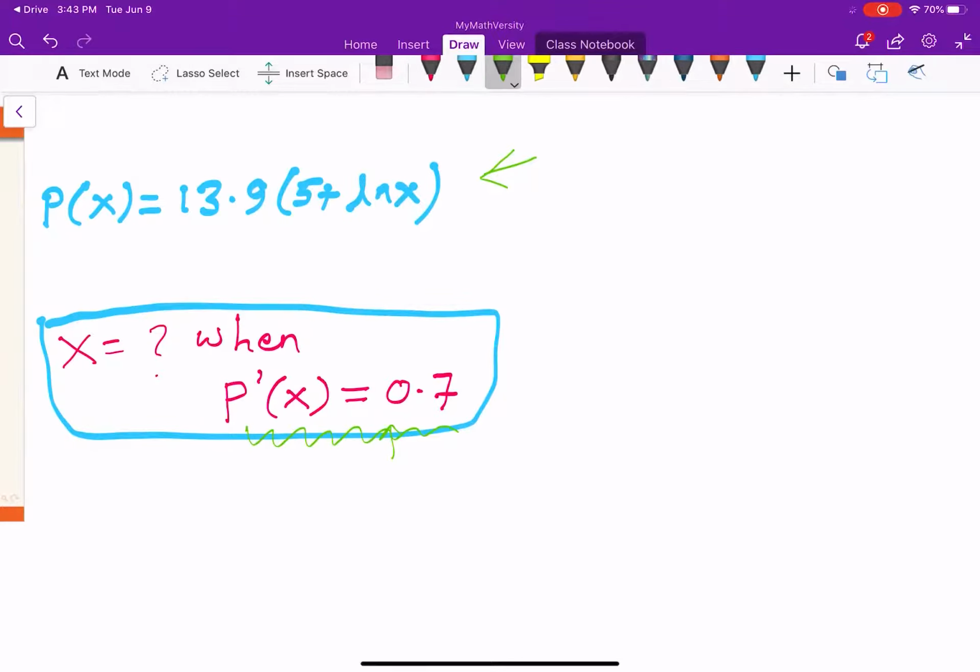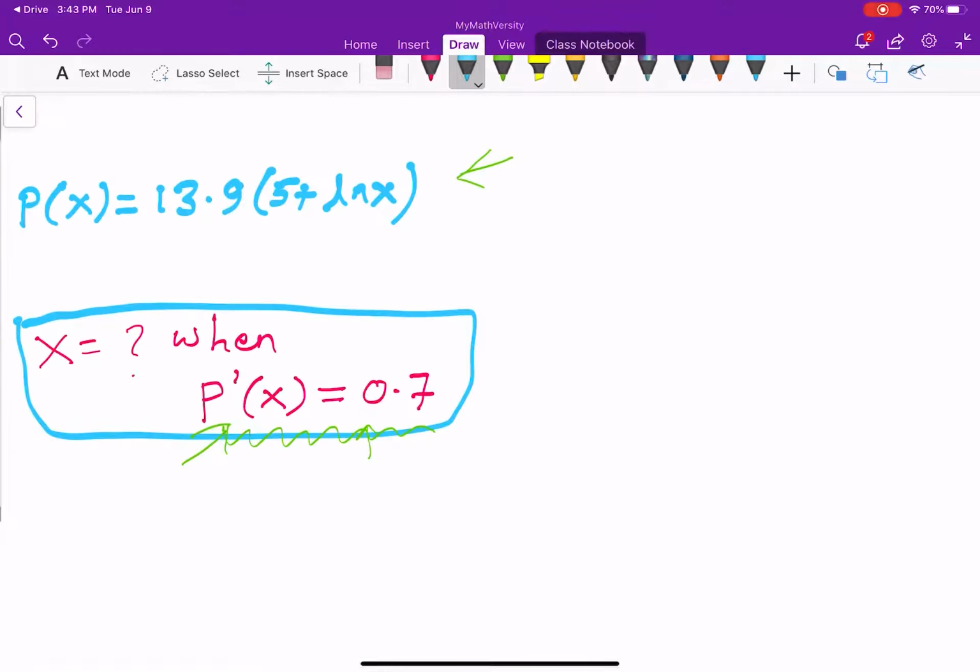To do that, we first need to find P prime of x. So let's do that first.